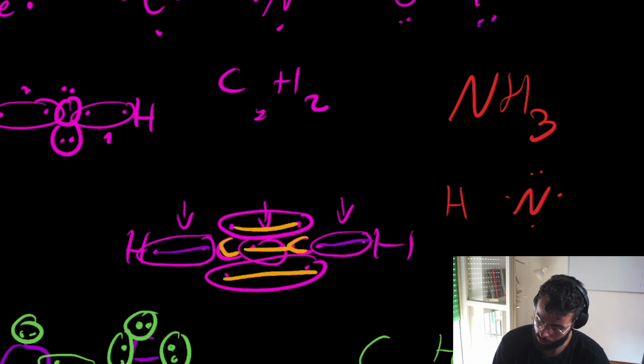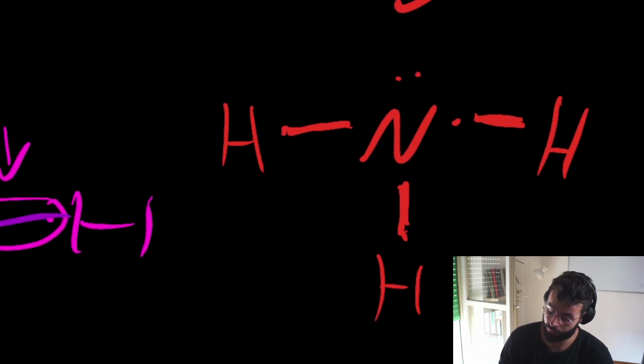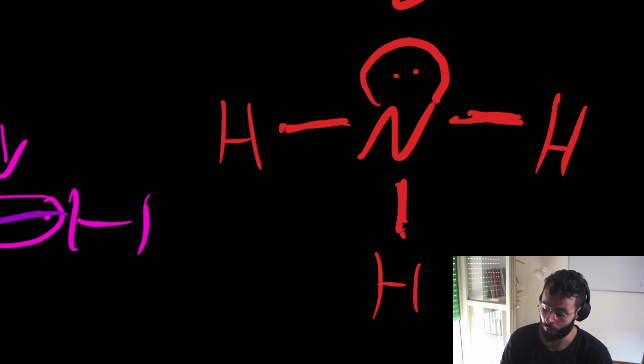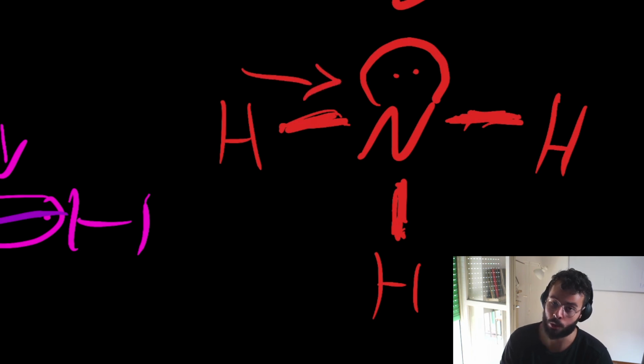Then hydrogen is going to be on the outside. Now we have 1, 2, 3 bonds. However, we have a lone pair of electrons. So even though the molecule has 3 bonds with nitrogen and hydrogen, you're also going to get a pair of electrons, a lone pair of electrons.